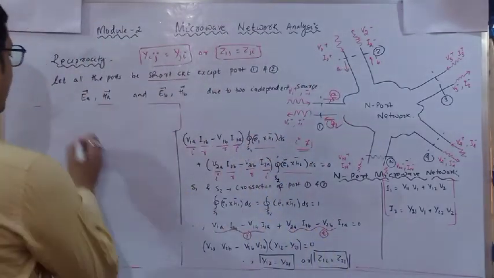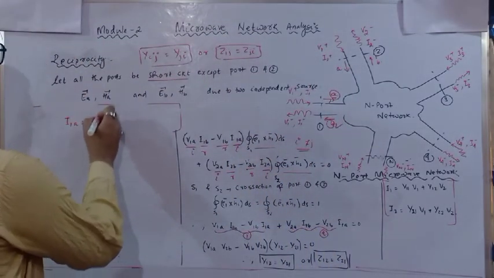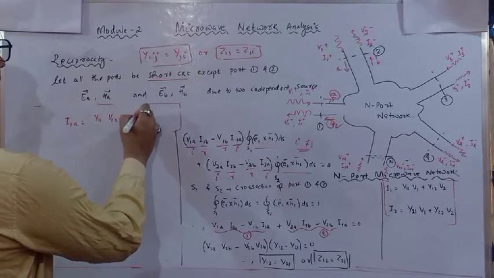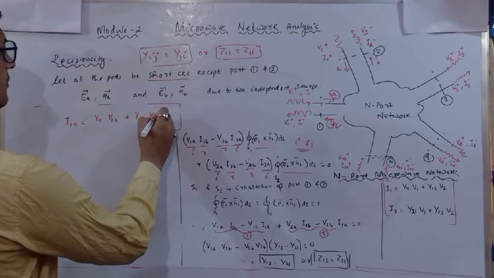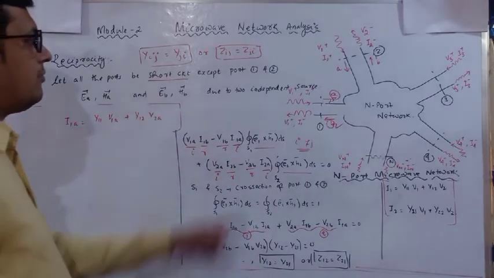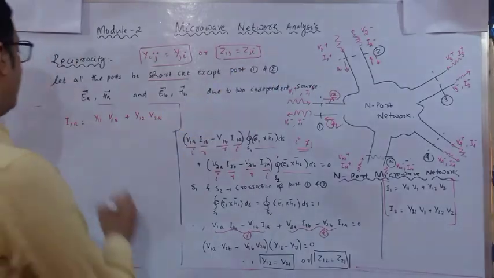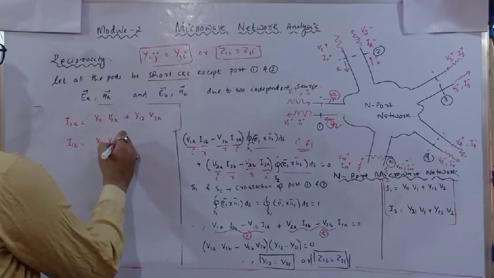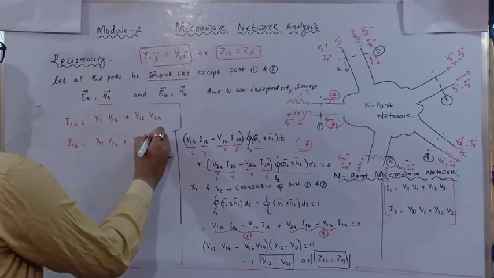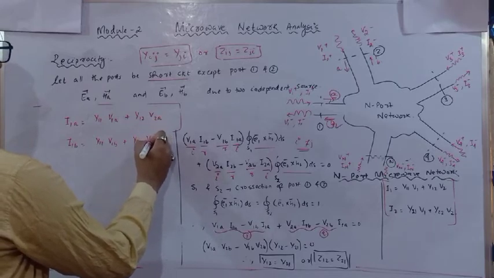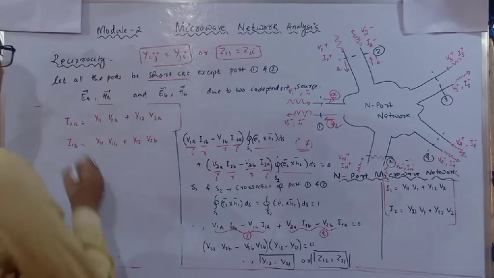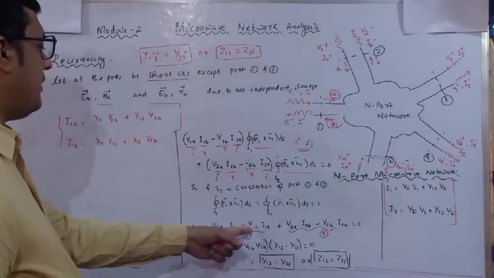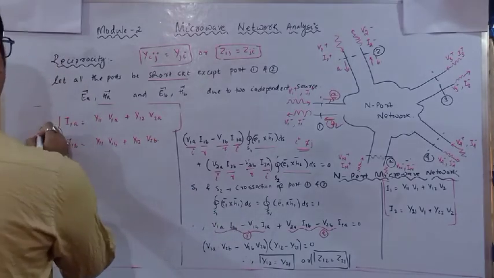So first I will identify I1A. I1A means Y11 into V1A plus Y12 into V2A, for the port 1 and port 2 incident. Similarly, I1B, I will get Y11 V1B plus Y12 V2B. Done. So this is with respect to I1A and I1B, that is, with respect to port 1.